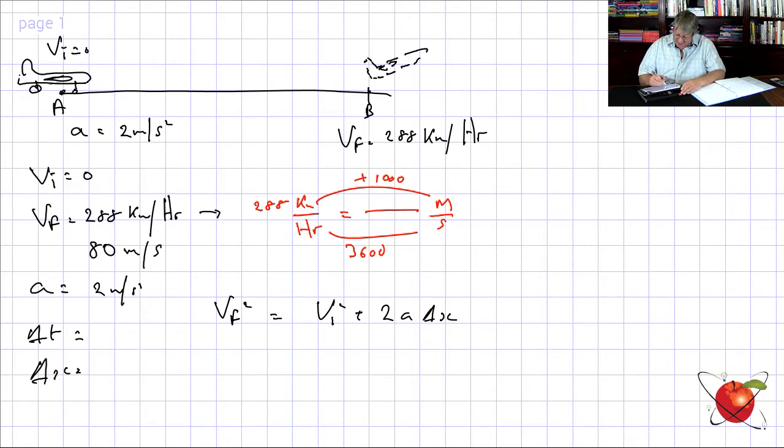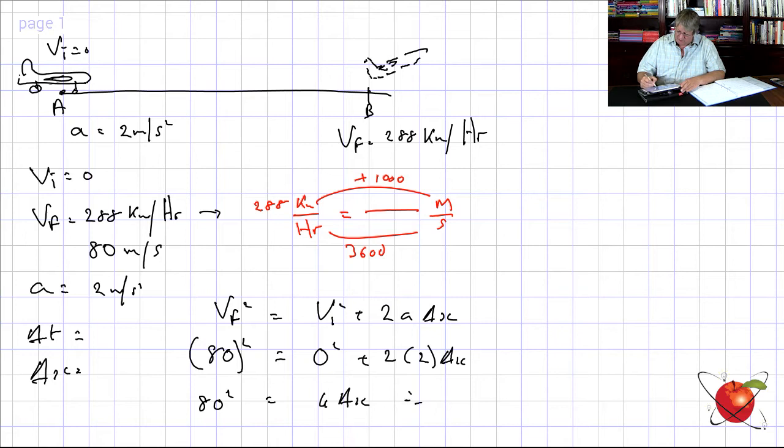Well, Vf is 80 squared, equal to V initial, which is 0 squared, plus 2, acceleration is 2, delta x is that. So what are we looking for? Delta x. Therefore, 80 squared is going to be equal to 4 delta x. Therefore, we can come up with delta x to be equal to 1600 meters.